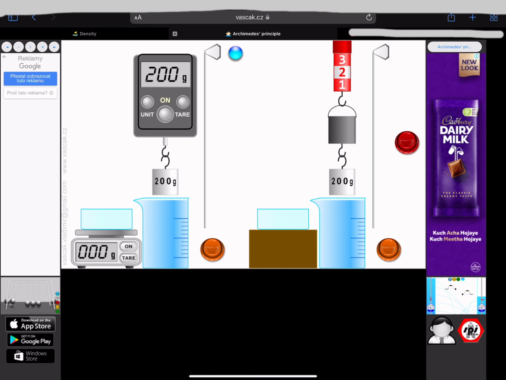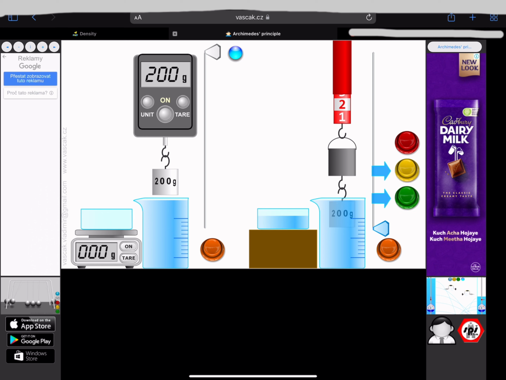But when you take the body into the liquid, the liquid is being displaced by this block, and it is going into another container. The block is completely immersed, and you can see here that the spring balance is showing a lesser value.